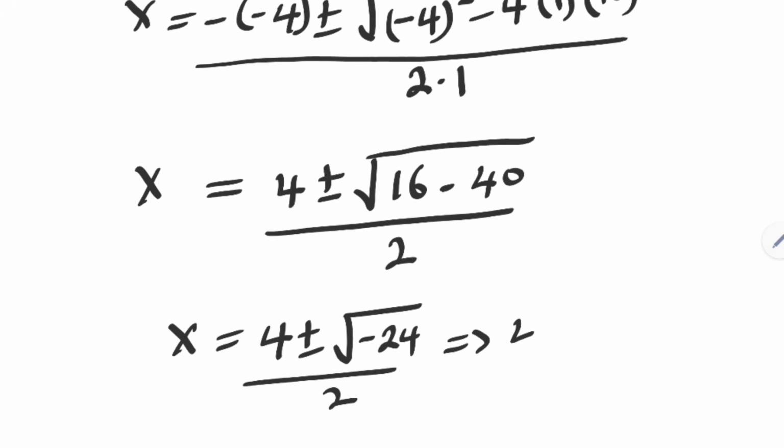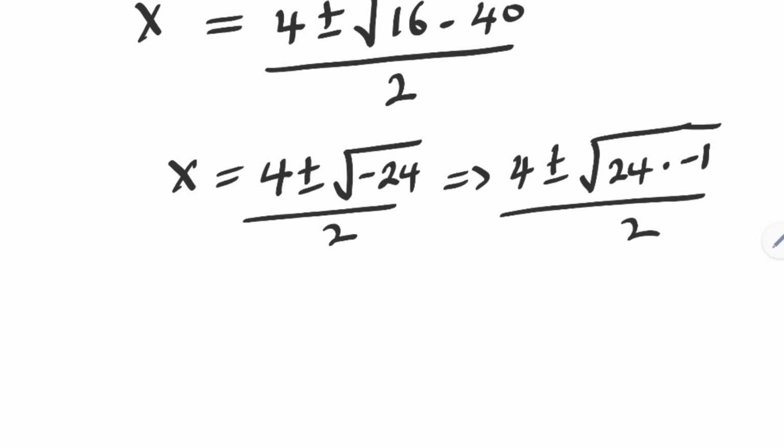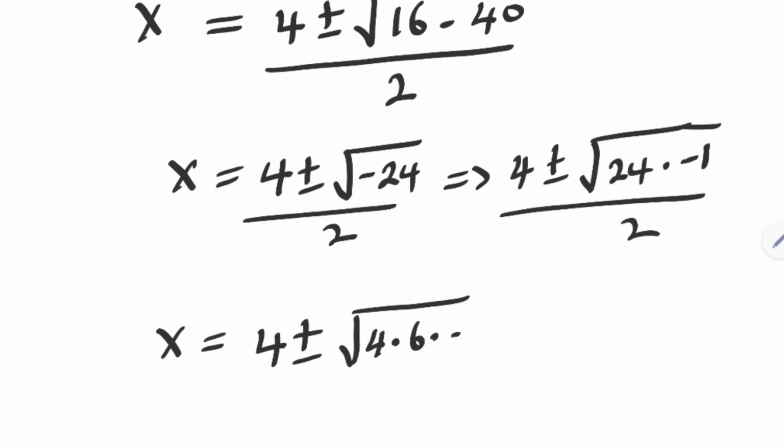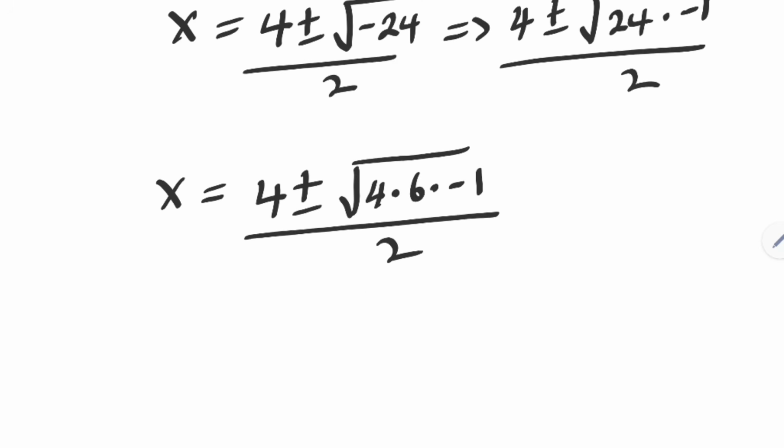This can be written as 4 plus or minus square root of minus 24, which can be written as square root of 24 multiplied by minus 1, divided by 2. x is equal to 4 plus or minus square root of 24 multiplied by minus 1, which can be written as square root of 4 multiplied by 6 multiplied by minus 1, divided by 2. x is equal to 4 plus or minus square root of 4 is 2.